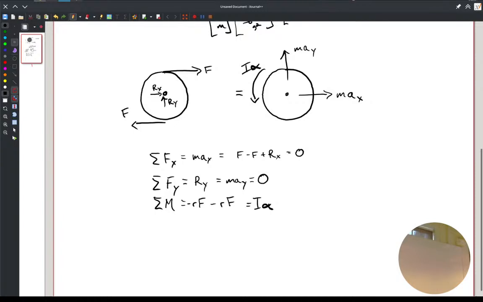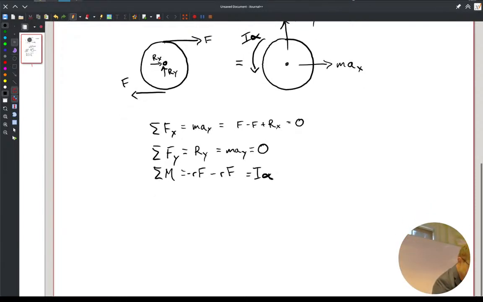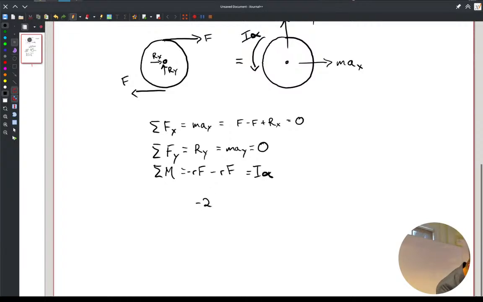And now down here, R times this one, also creating a negative torque into the page. So negative RF, negative RF. Now I've got negative 2 RF is I alpha.